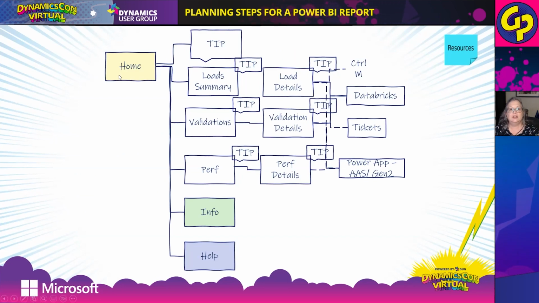In this particular example in the yellow here, he has this home page where he's putting everything on a single page. And then that page feeds lots of other information, information that supports or validates the numbers on that particular page, including information on the report or maybe the data, and a help screen. He diagrams all this out, and his guide actually walks through how he's creating all of this information.